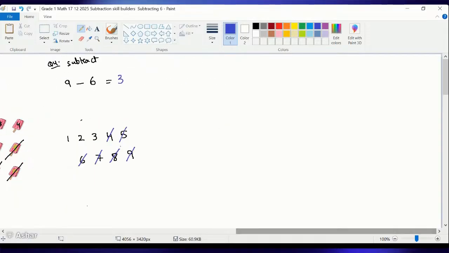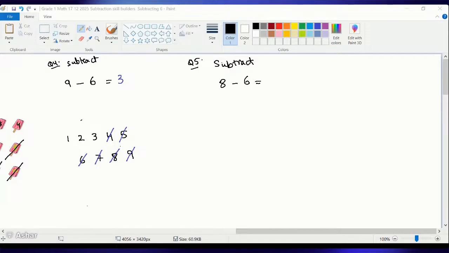Let's try another question. Question number 5 says, when we click on the website on the next question, our new question would be shown. And the next question is subtract 8 minus 6. How can we remember this?